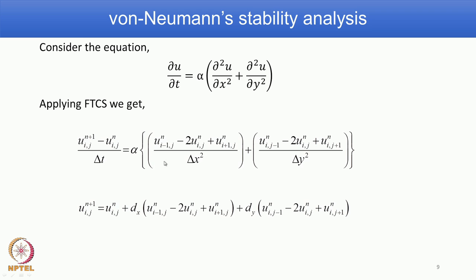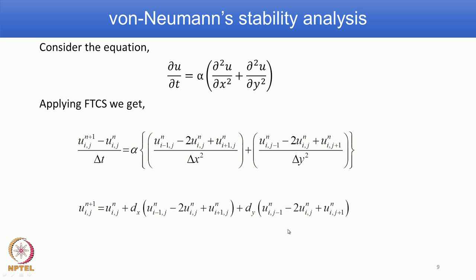So, each term, for example, the first term, first set for the second derivative in the x direction, alpha delta t by delta x squared is renamed as dx. Similarly, alpha delta t by delta y squared is named as dy. So, you get finally the expression as shown here.